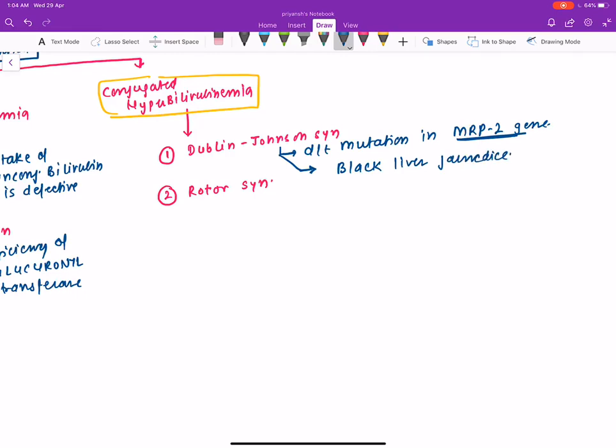The prognosis is not good. What is Rotor syndrome? It is due to defect in excretion, or I can say defect in secretion of conjugated bilirubin from the liver.